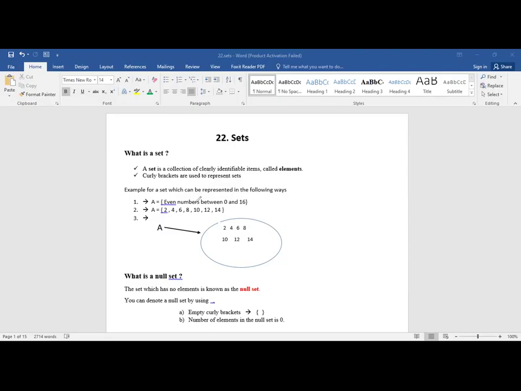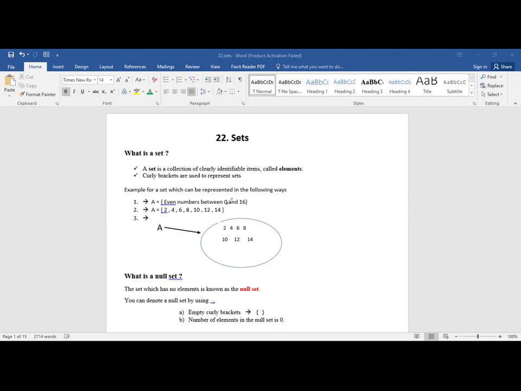For an example, you can see here, A is the name of the set, and I have used curly brackets to describe the set.